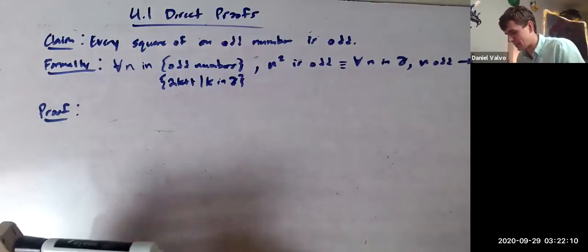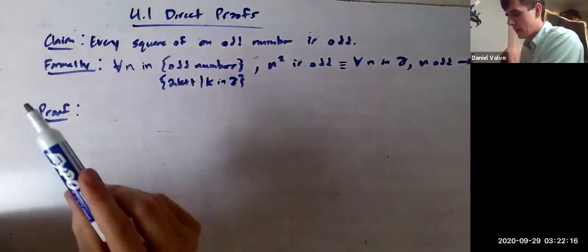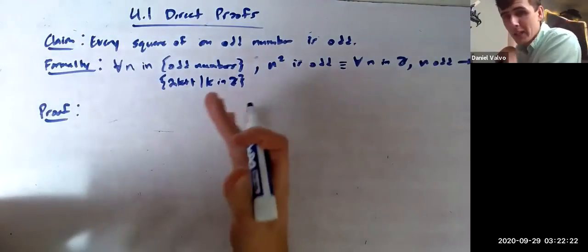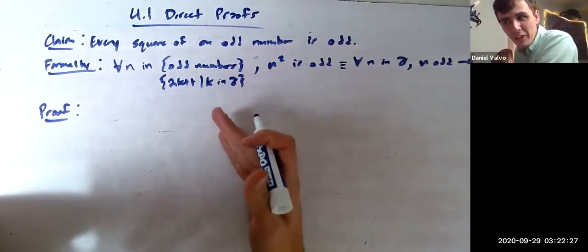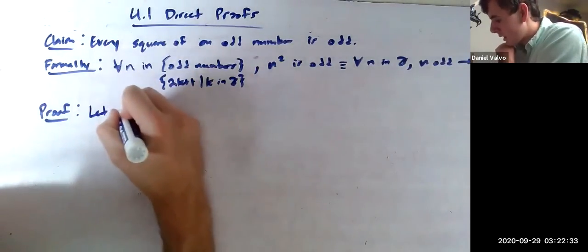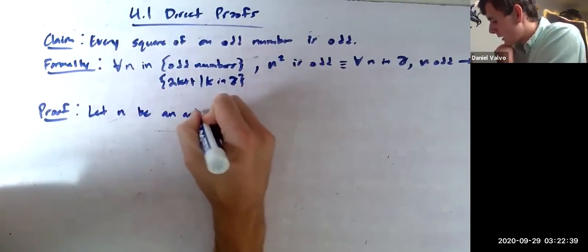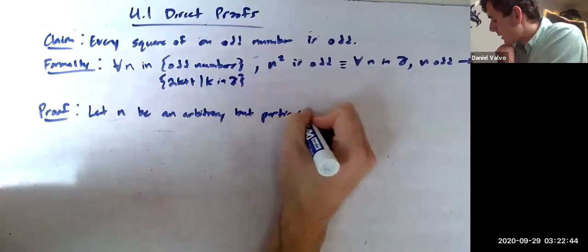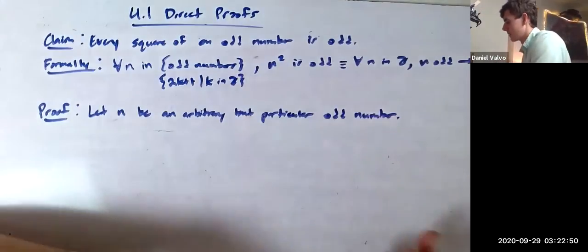Well, how about this? Here's what I'm going to say. Let's start with an arbitrary odd number, and then prove that its square must be odd. Here's what I mean. Let n be an arbitrary but particular odd number.